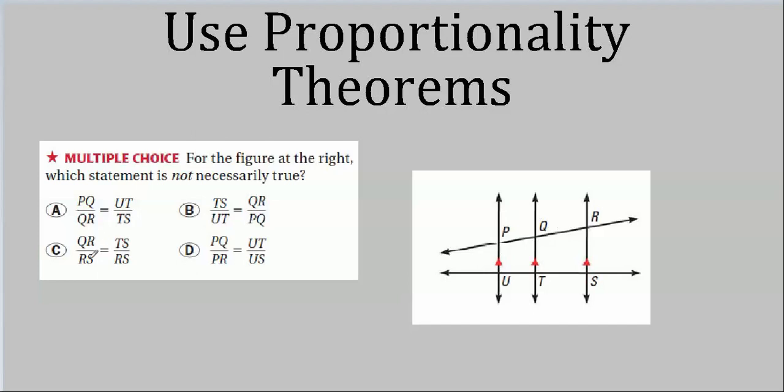What about QR over RS? Well, we got QR here and RS here. I don't think we have any theorems that say too much about this ratio. We could maybe say this ratio to this. That might mean something, but no. This segment to this segment, that ratio, I don't think we have any theorems which address that particular ratio.